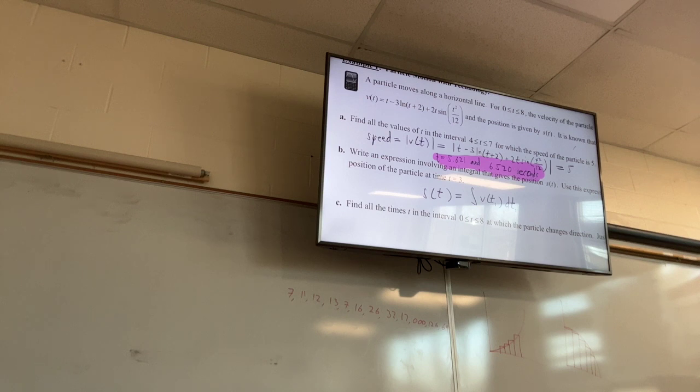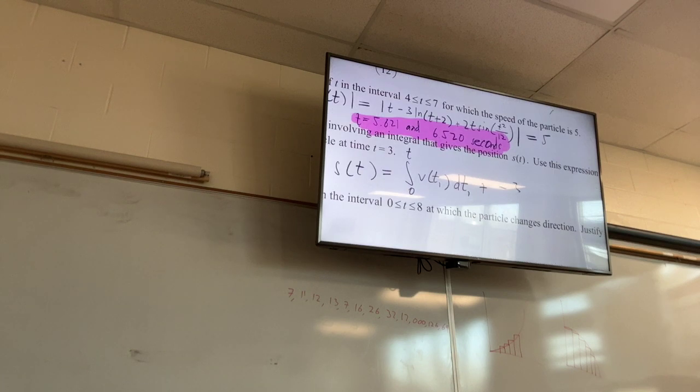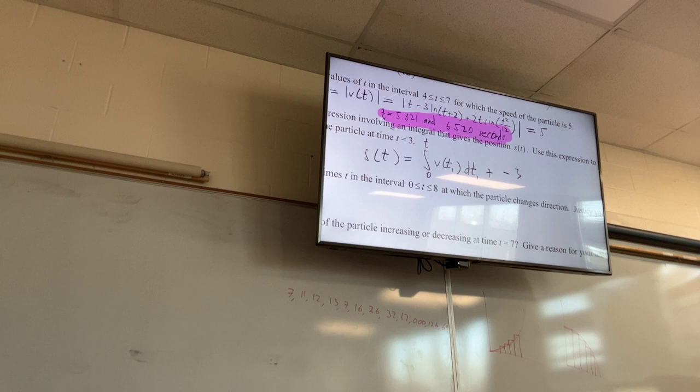You put the initial x on the bottom. Then I'm going to add that initial value. So that's how you find the position from the velocity.